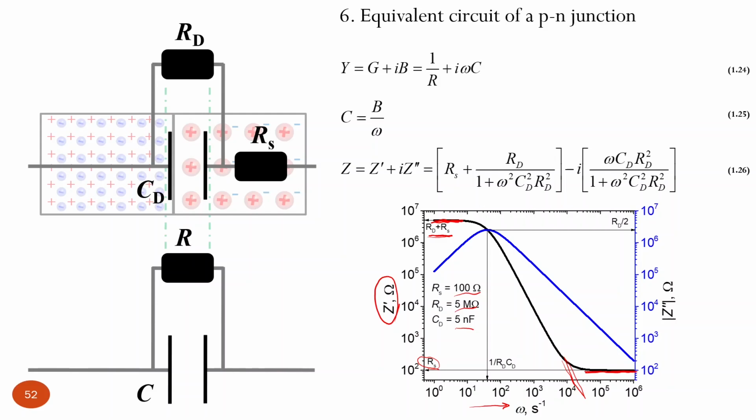So this blue line stands for the absolute value of the imaginary component. And why do we take the absolute value? Because it's actually a negative value. And any suggestions why it's negative?